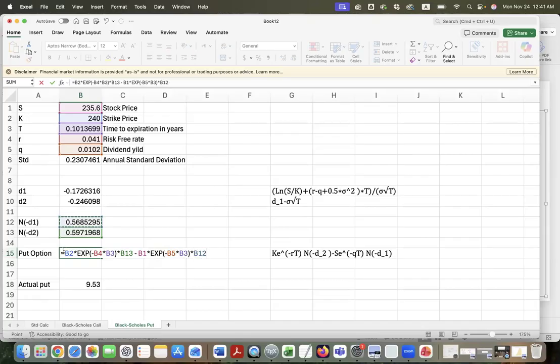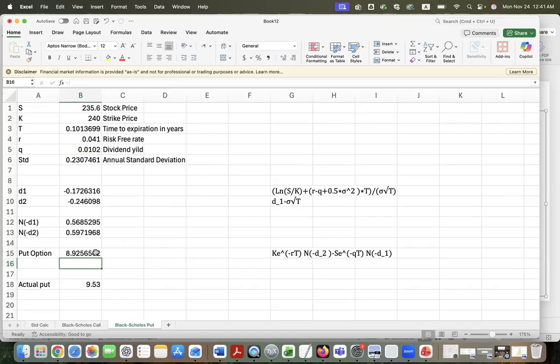So the whole thing here minus the whole thing here. Boom. And I got 8.92, which is a good approximation for something that costs 9.53.